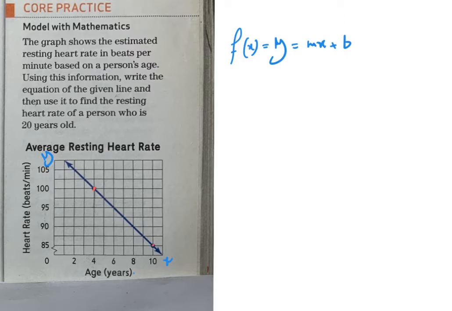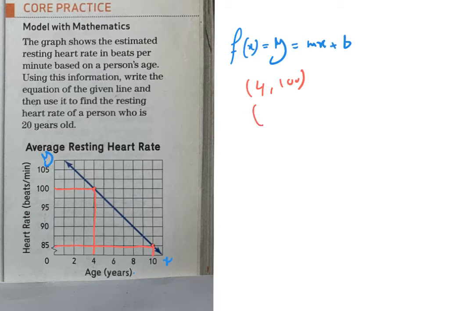So the first point is (4, 100). When x equals 4, y is 100. And we can pick another point: when x equals 10, y equals 85. So we have 2 points here.